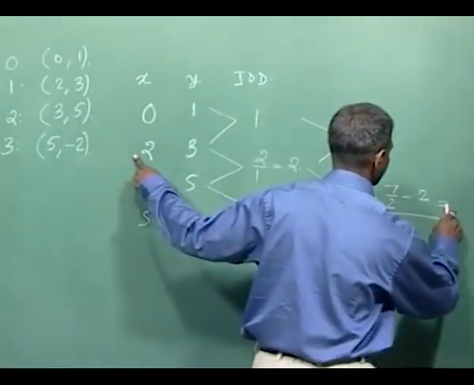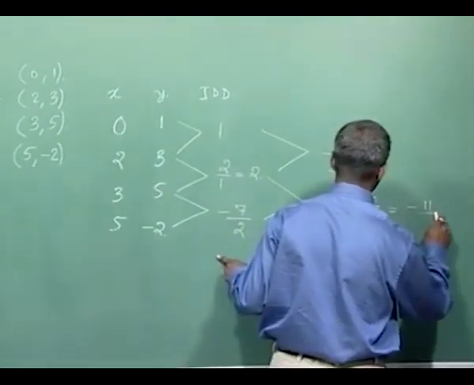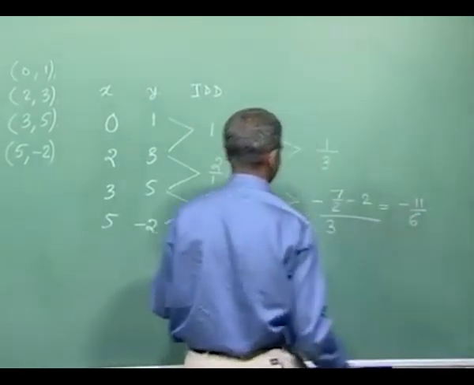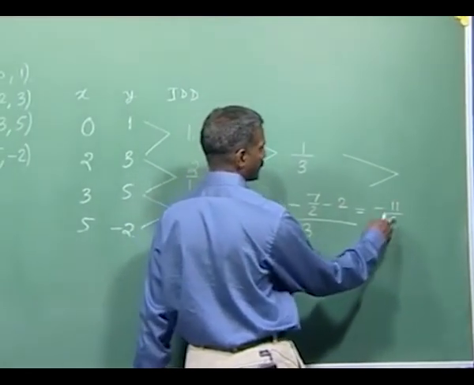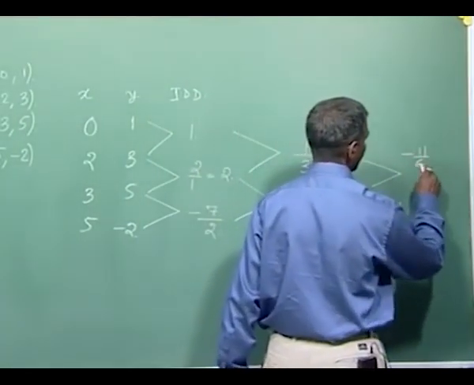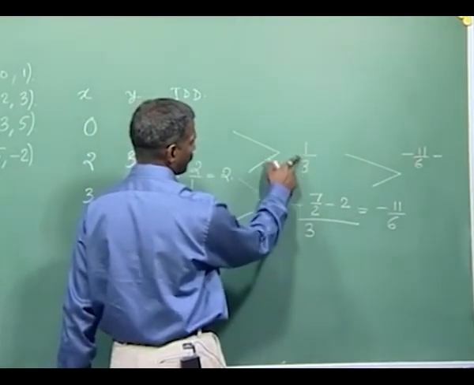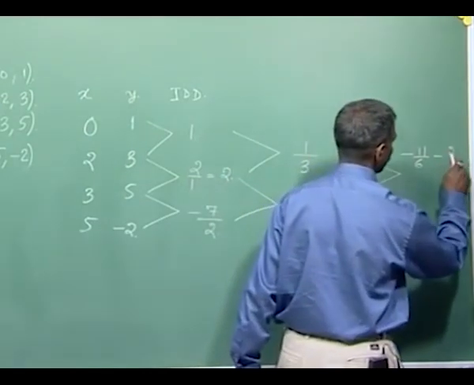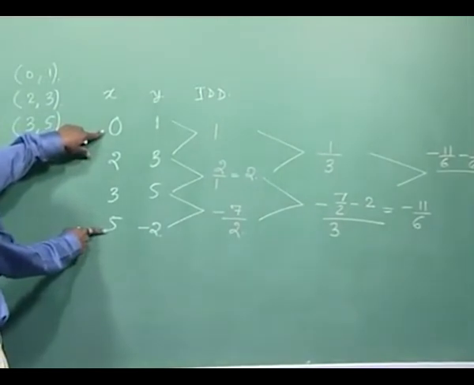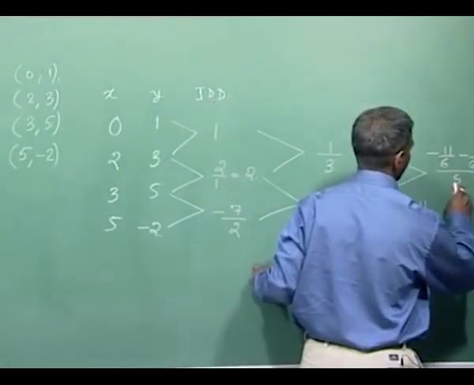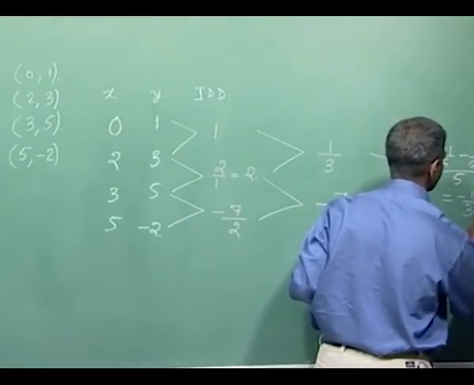I can simplify this as minus 11 over 6. And the final divided difference is minus 11 over 6 minus 1 over 3. I'm going to multiply and divide by 2 here. So this will be minus 2 over 6 over this entire interval, which is 5. And this would be equal to minus 13 over 30.